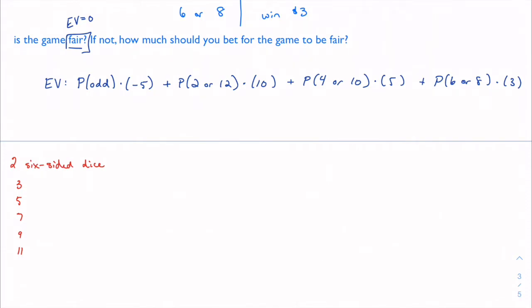I can roll a 2 and then a 1. So there are 2 ways that I can roll a 3. Now keep in mind, if I roll 2 6-sided dice, there are 36 outcomes. Right, 6 on the first, 6 on the second. So our fundamental counting principle tells us 6 times 6 is 36.